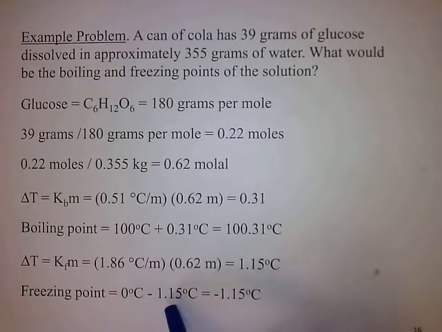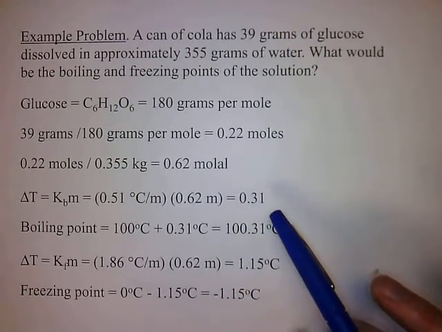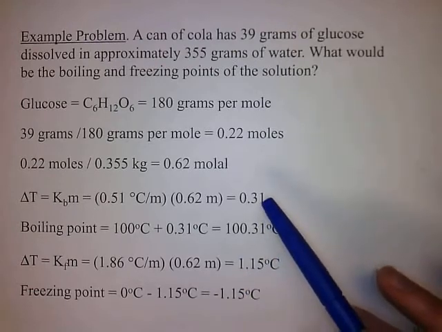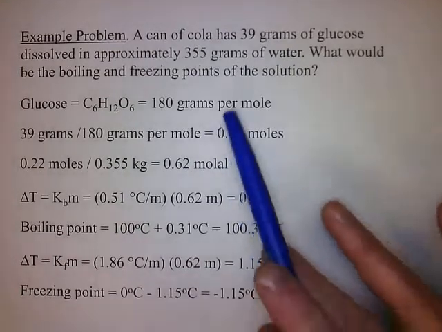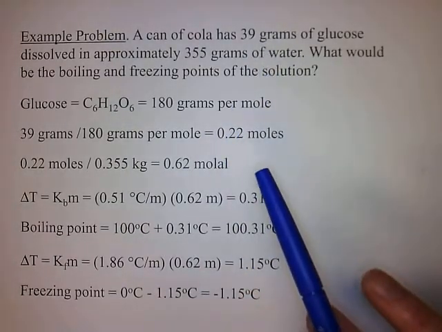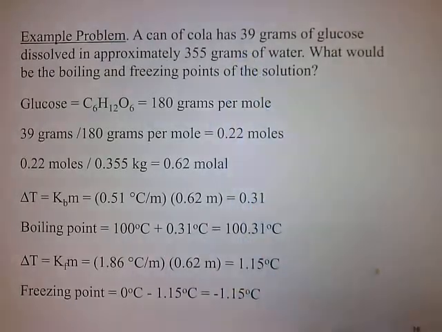So 0 minus 1.15 is minus 1.15 degrees Celsius. So what you're seeing here is that the boiling and freezing points really didn't change that much. 39 grams sounds like a lot. In fact, it is a lot. That would fill up, we used glucose in the previous example.